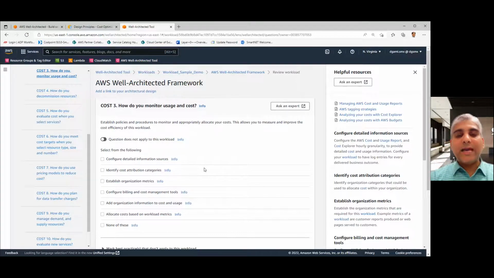And then being able to tag the resources, which is identifying your cost attribution categories, having a model or a hierarchy defined. I find TBM is one of those structures that's an industry standard or widely used in the industry, where other organizations just use their organizational hierarchy as cost attribution categories, or maybe a set of departments or a set of teams, or in some cases it's functionalities or capabilities that they provide back to internal teams and external teams.